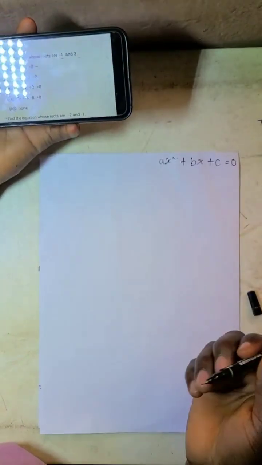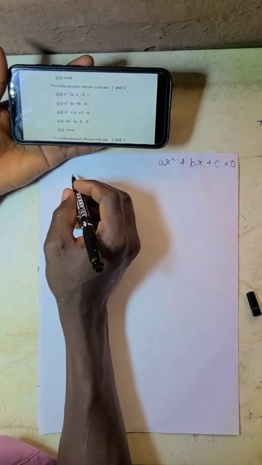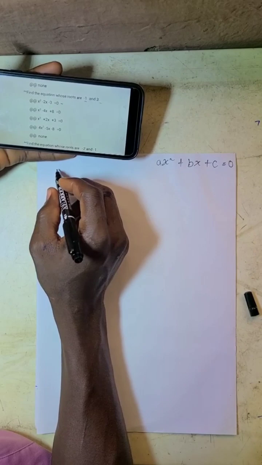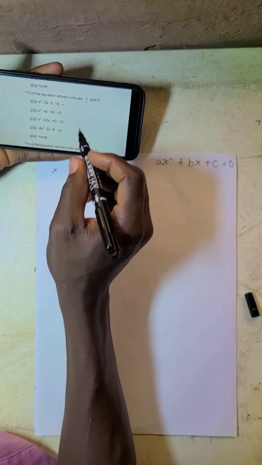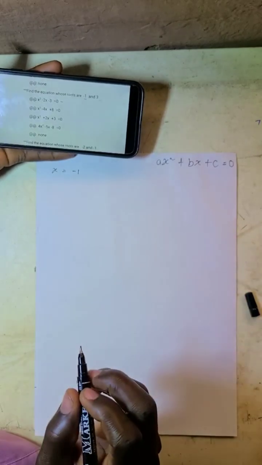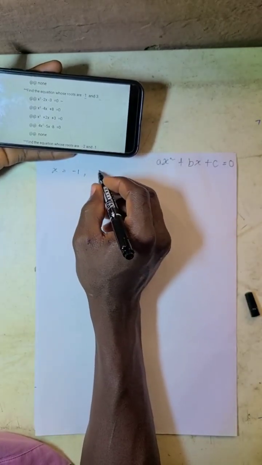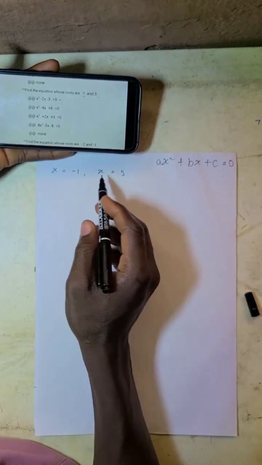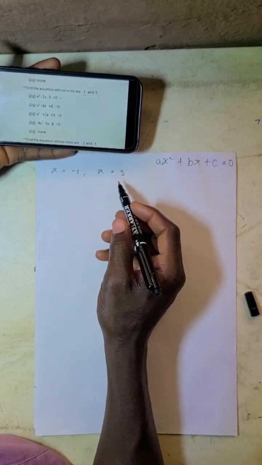If that be the case, it's very simple and straightforward. We can say that our x equals -1, comma, and then that same x is equal to 3. Because this is how our answer usually appears when we finish solving it.